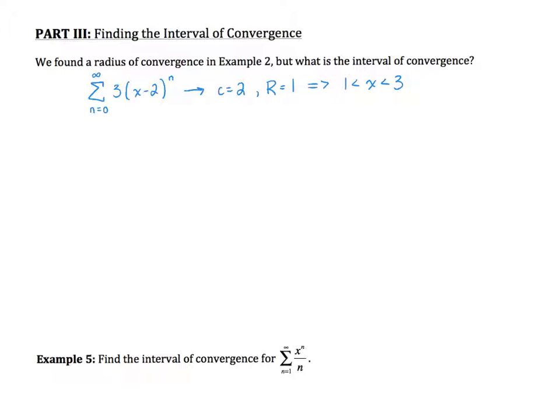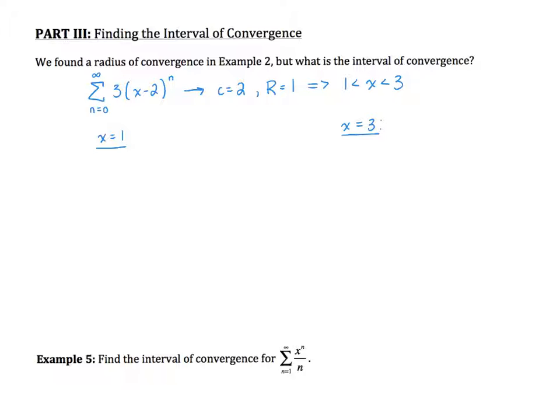Sometimes one will and not the other. So the natural way to do this is to test those values of x. Right now, the x values in question are x equal to 1 and x equal to 3. So let's see what happens when x equals 1 and x equals 3.